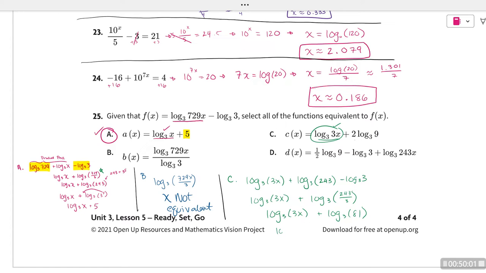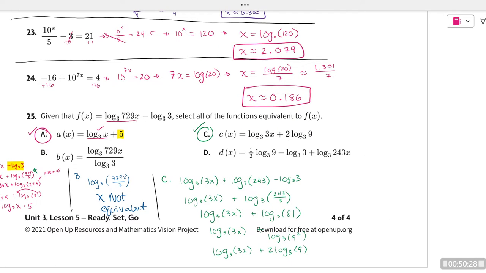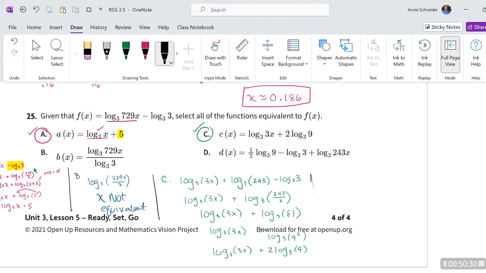Well, 81 I can rewrite as 9 squared. Log base 3 of 9 squared. And then lastly, I can pull that square in front to do log base 3 of 9 times 2 at the front. So it actually did come out to be exactly the same. This one is equivalent.